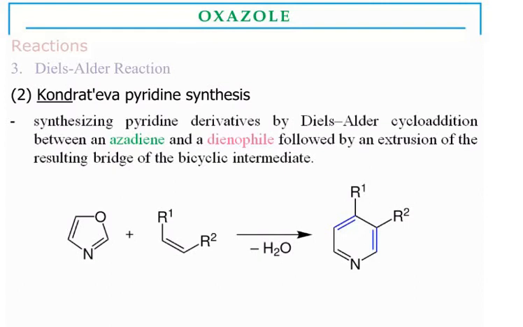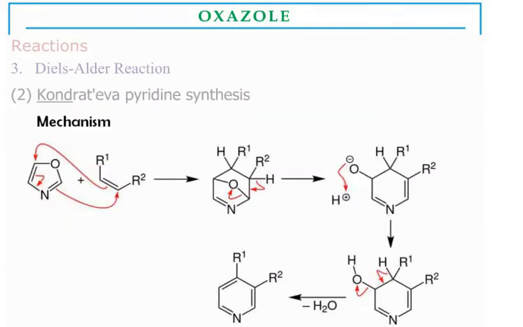So oxazole is the azadiene, and this double bond is the dienophile, it gives the pyridine ring. So you can see here the cycloaddition, formation of bridge oxygen, then opening, and then ring expansion.